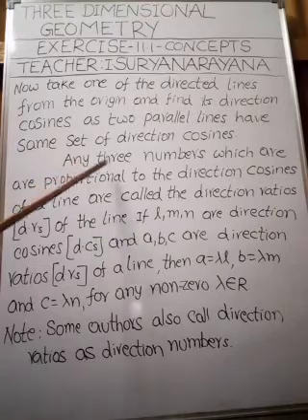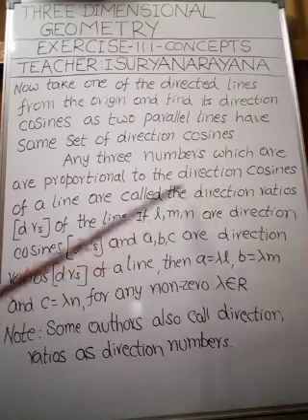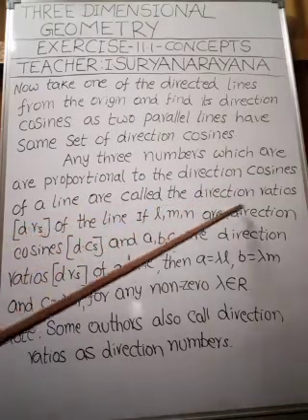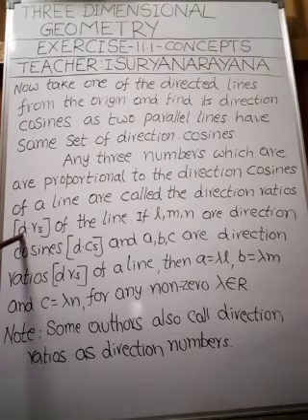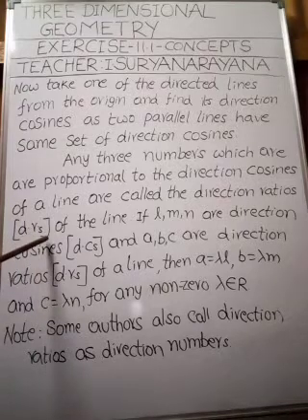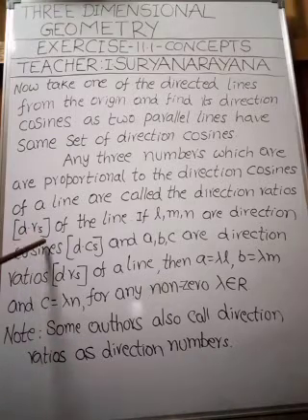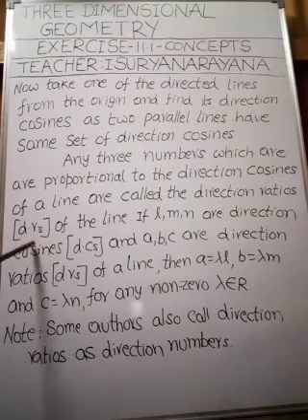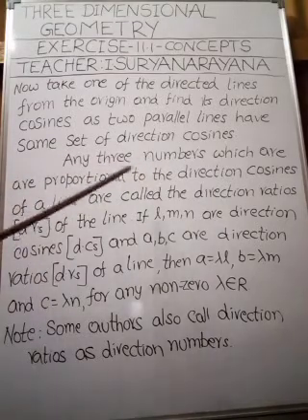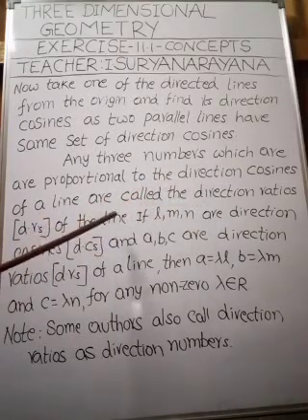Any three numbers which are proportional to the direction cosines of a line are called direction ratios, in short small d.r.s. These are also called DRs, which stands for direction ratios of a line.